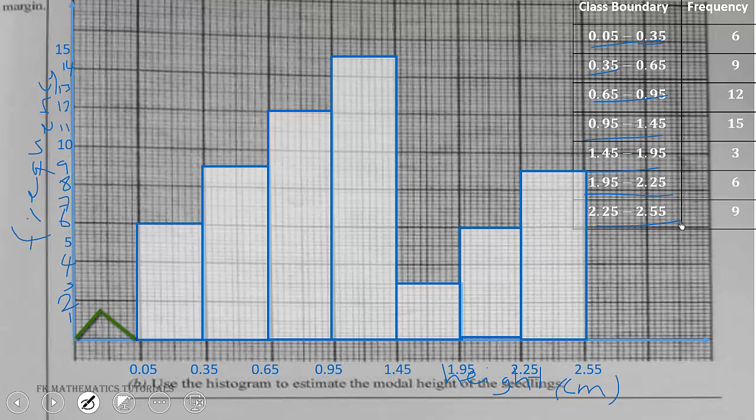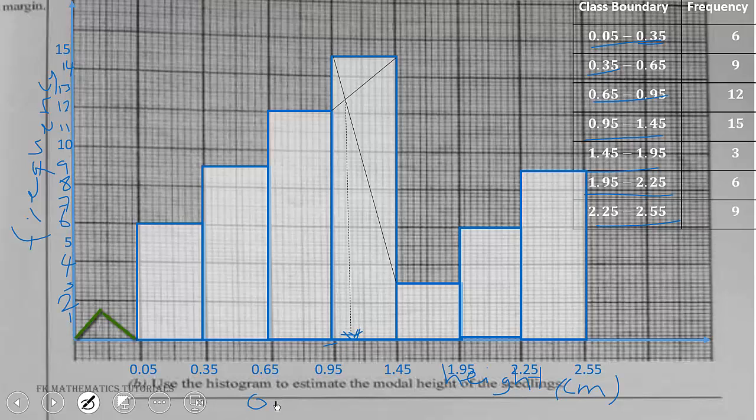So we are to use the histogram to estimate the modal height of the seedlings. So we locate the highest height, which is 15, the highest bar here. Then we connect it like this, as you can see. Then we trace it to the height axis. So this is 0.95, and we have 3 boxes in addition.